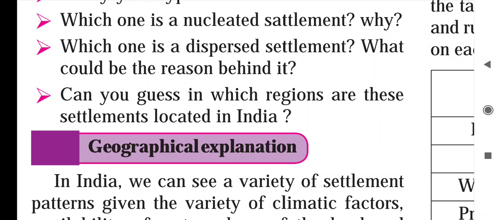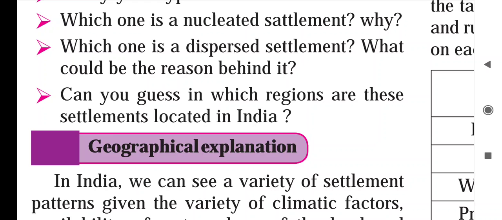There the land is good, because people will get land for agriculture. First thing, industries will develop in that plain region, plateau region. Again, fertile land will be available for agriculture. Due to that, water facilities and transportation facilities are there. So in this plateau region, people will like to live.